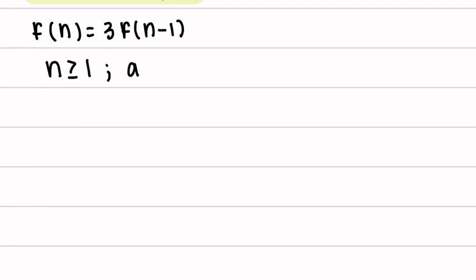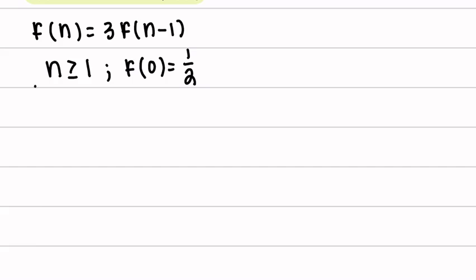And my initial term value is 1/2. You could also see this written as f of 0 equals 1/2, saying that the term 0 has a value of 1/2. So you could see that written that way as well.